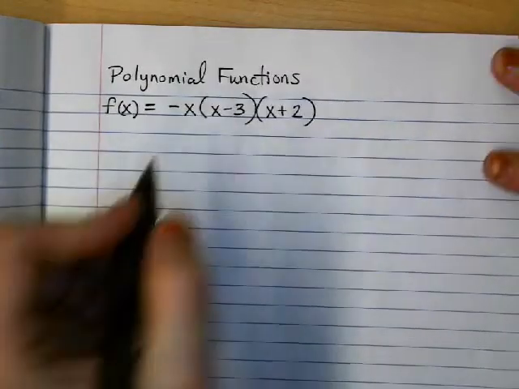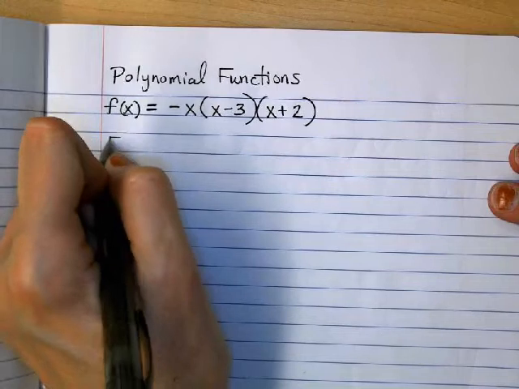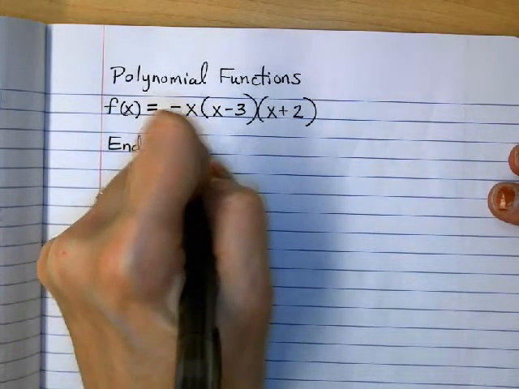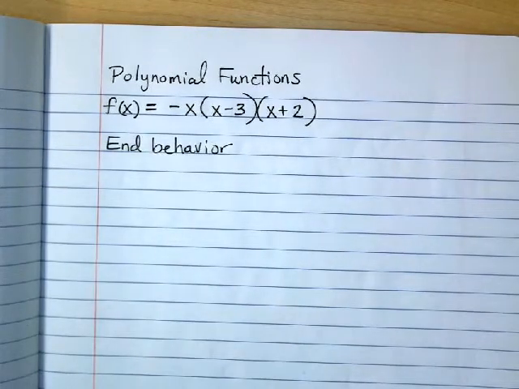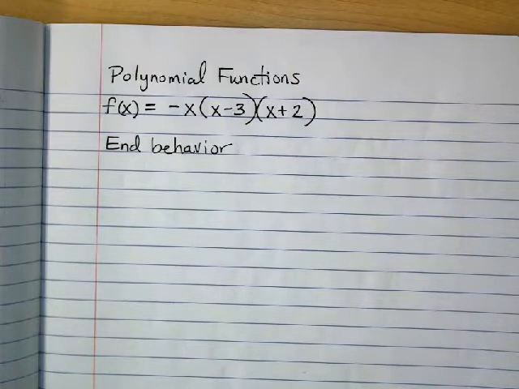Okay, guys, so we have talked about this now. If they ask you about the end behavior, you need to know kind of like on the board which kind of graph you're dealing with, okay?